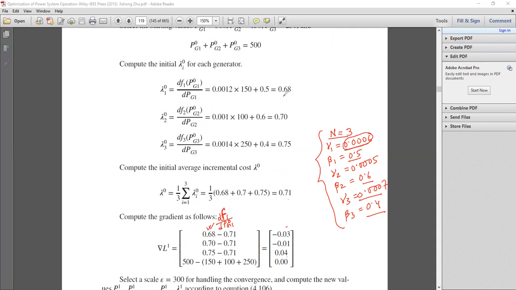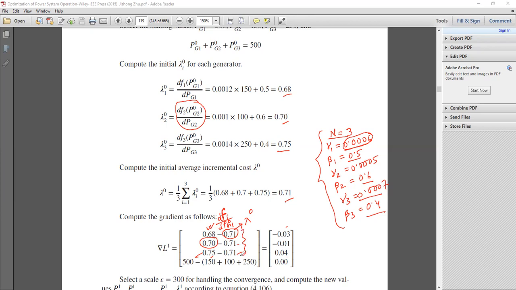So this is 0.68 minus lambda naught. Similarly, this is df2 by dpg2 evaluated at pg2 naught, minus 0.71. So 0.71 is this, and then 0.75 is the third one, then minus lambda naught.